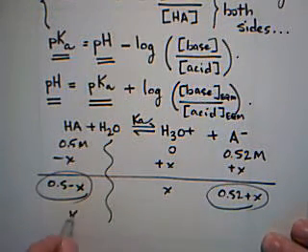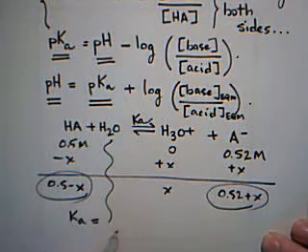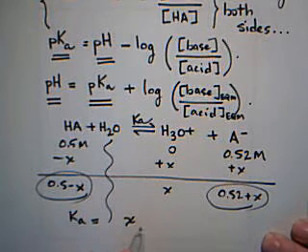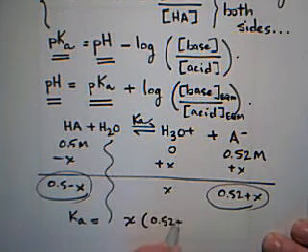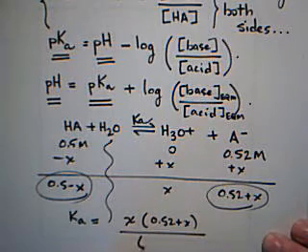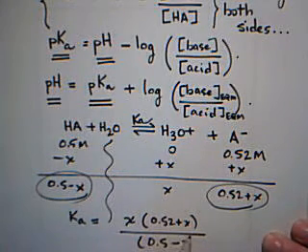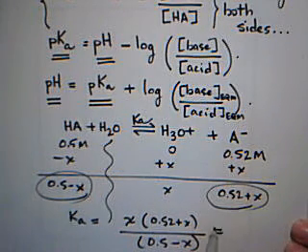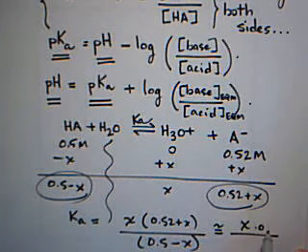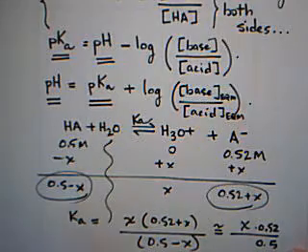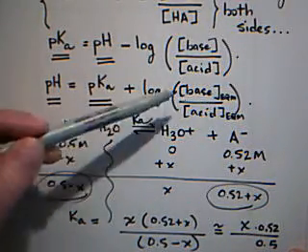So what goes into my Ka equation? I simply put x times, instead of doing this, I say that this is about equal to x times 0.52 over 0.5, and then I solve it, and that's exactly what we've done up here.